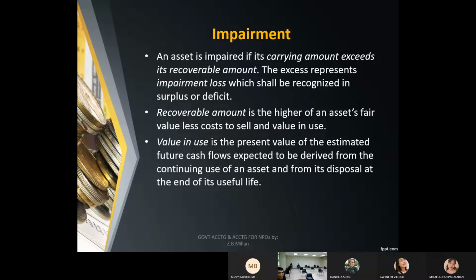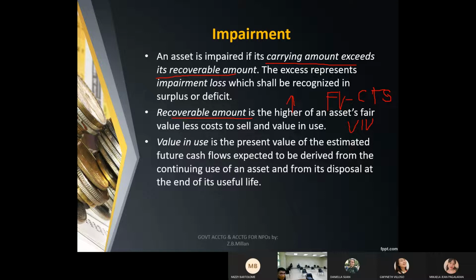Impairment. Yan ulit, no? An asset is impaired if its carrying amount exceeds its recoverable amount. So pag mas malaki yung carrying amount sa recoverable amount, may impairment. Ano ba yung recoverable amount na yan? Recoverable amount is the higher of an asset's fair value less cost to sell and its value in use.